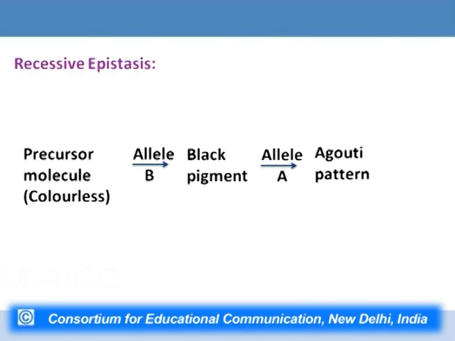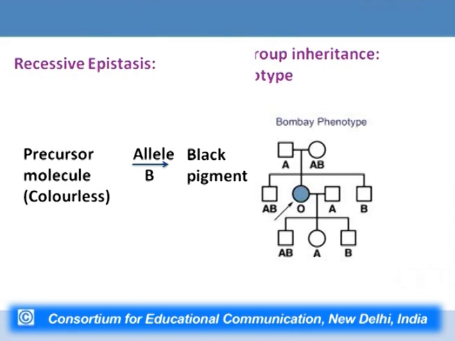If at the B locus there is small b, that is, no dominant allele, then there will not be any formation of black pigment, and even if capital A allele is present at the A locus, the agouti pattern will not result. The downstream steps do not take place if there is the small b condition in the genotype, so the individual will be albino. This type of modification which leads to a 9:3:4 ratio is known as the recessive epistasis condition.